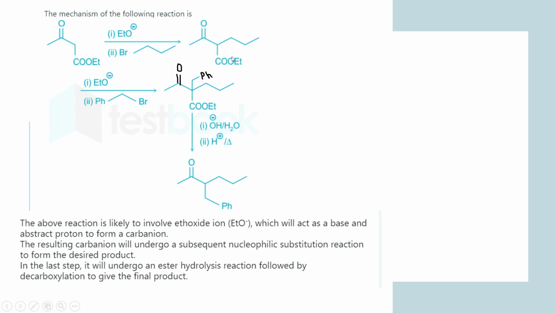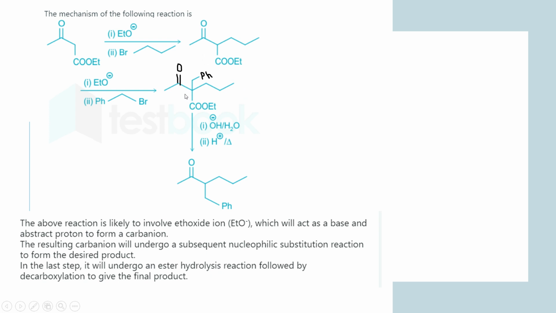So when we are forming carbon-carbon bond between this carbon and this carbon, we have CH2Ph attached at this particular alpha carbon of the ester group, and thus you get this product as A.